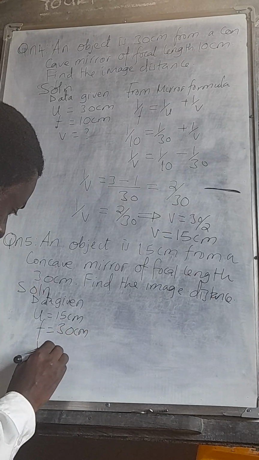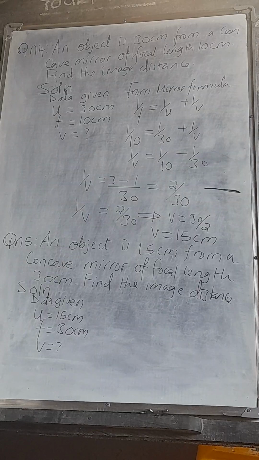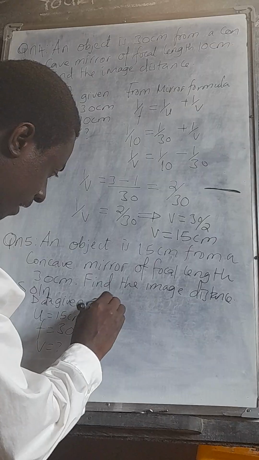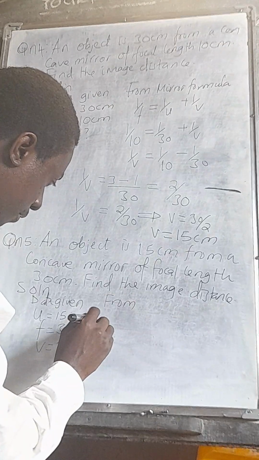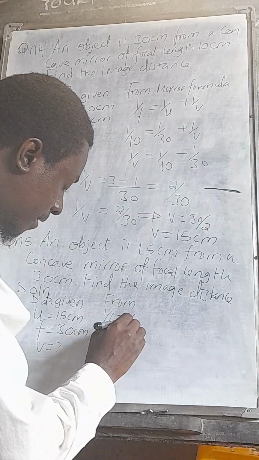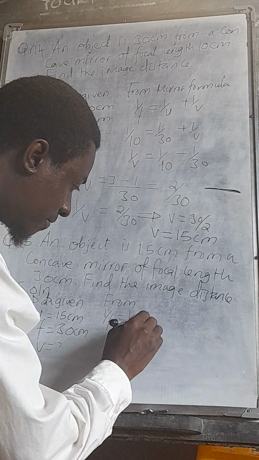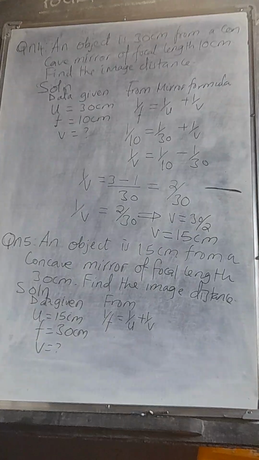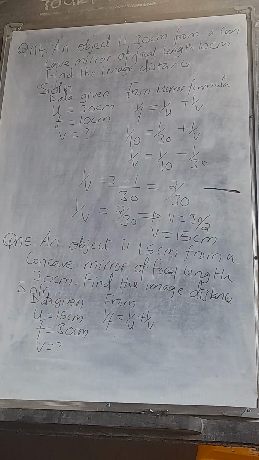Now what will be the image distance, the one we are supposed to find? So we call the mirror formula, 1 over f is equal to 1 over u plus 1 over v. That is a very, very important formula.